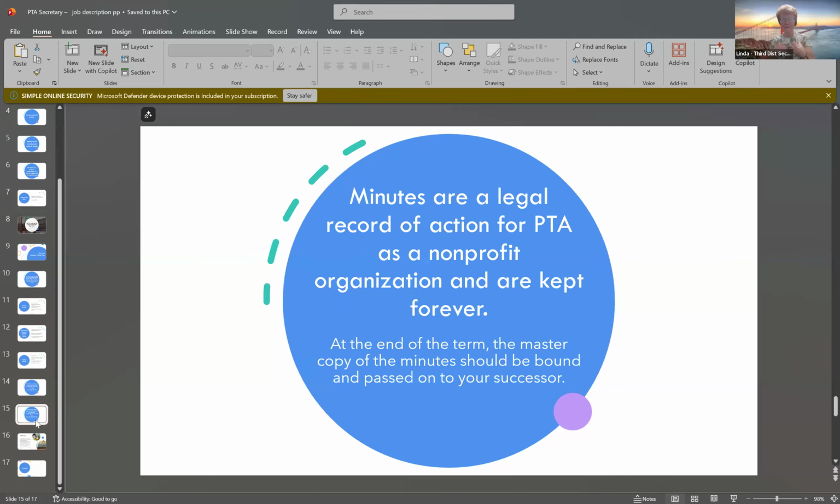In our case, the minutes are in the Google Drive as well, but it is nice to just print them out, paste them in a spiral notebook, and pass it to your successor. It allows them to feel like, oh, I have a tangible item in my hand here. And it gives them time to peruse and review the minutes and maybe feel a little more empowered taking on that role that you were so successful at.